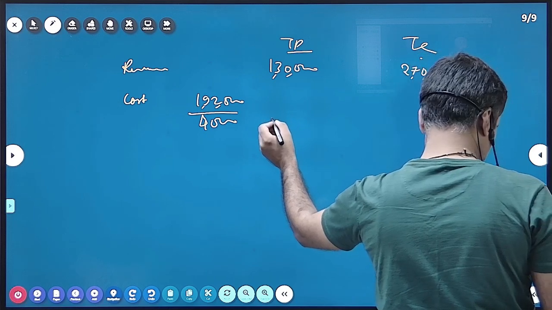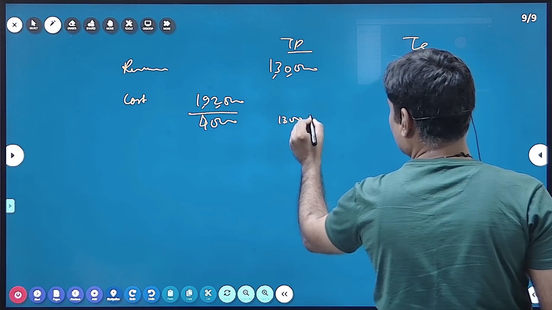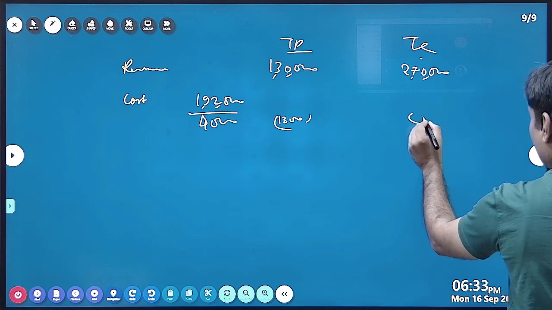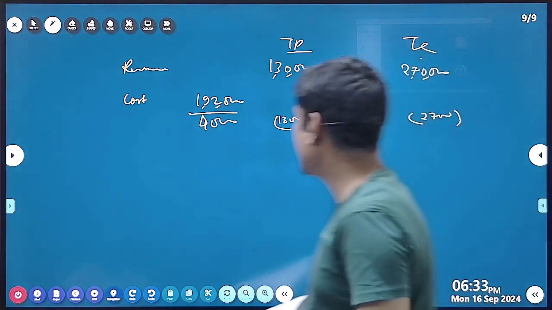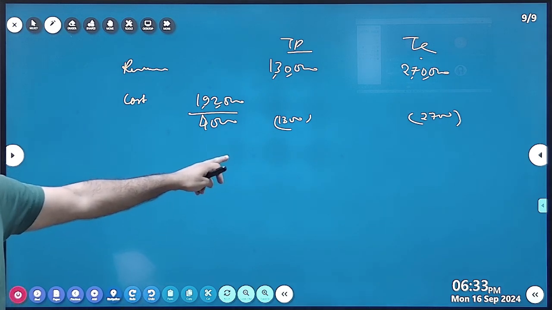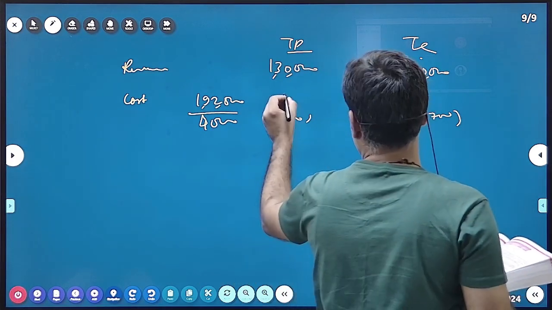For TP it is 1300 and for TC it is 2700. 1,92,000 divided by 4,000 into 1300 is 62,400.